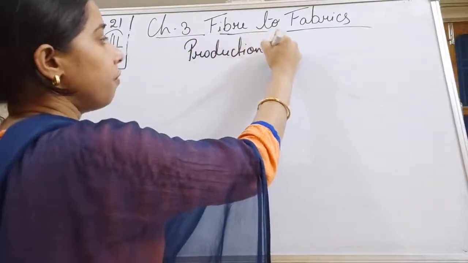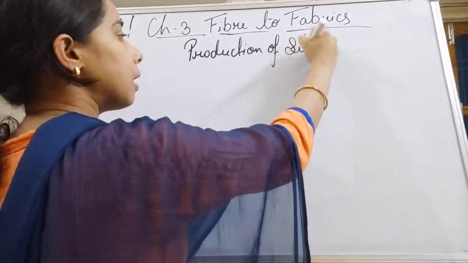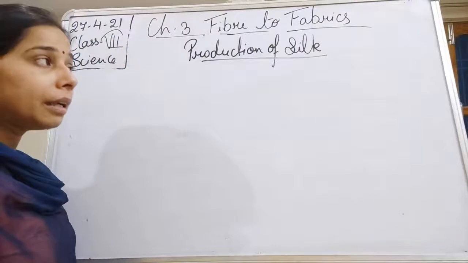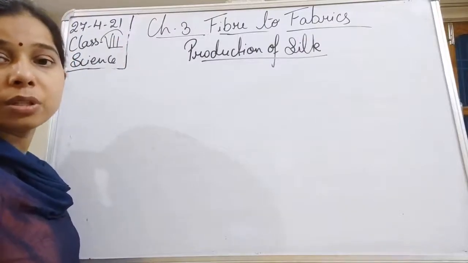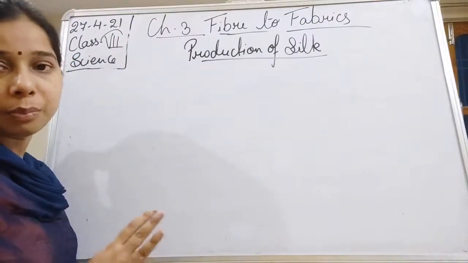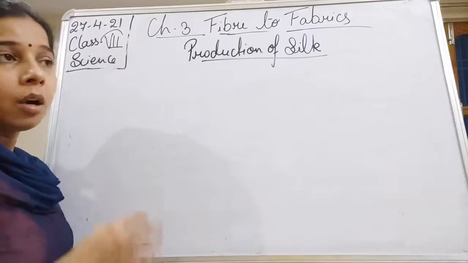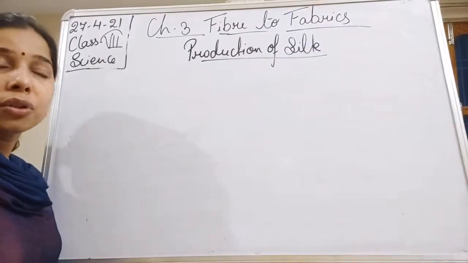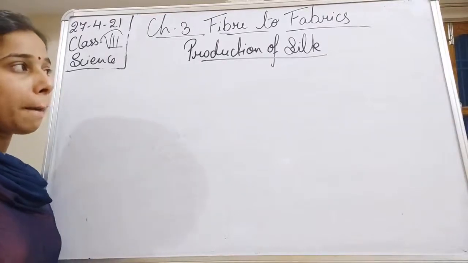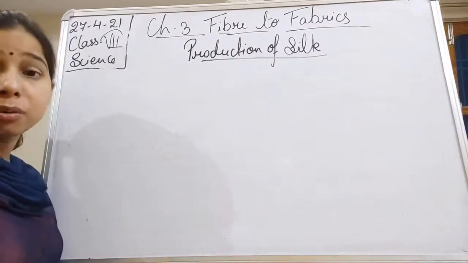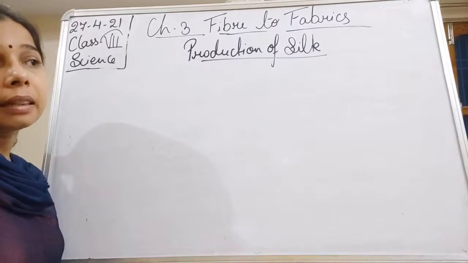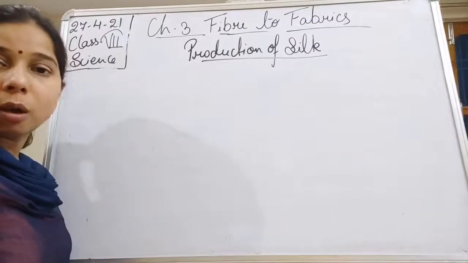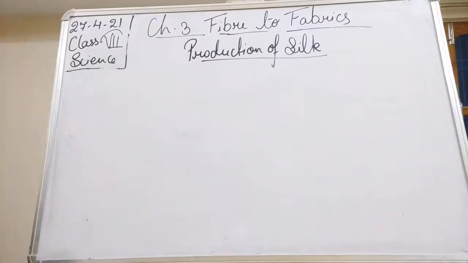Production of silk. The first thing is that rearing and breeding of the silkworm is really important. This rearing is called sericulture, in which we grow more and more silk moths so that we get a sufficient amount of cocoons, with the help of which we can obtain the silk.